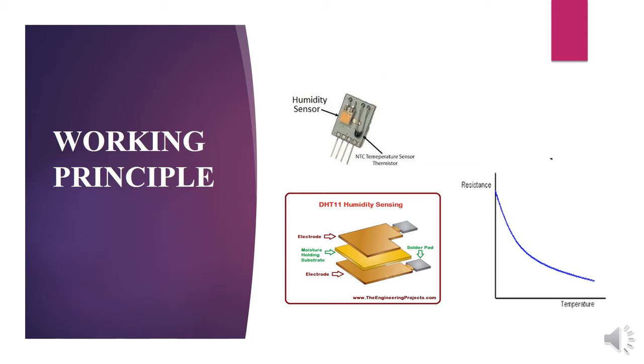Basically, a thermistor is a variable resistor that changes its resistance with change in temperature. These sensors are made up of semiconducting materials. They provide large changes in resistance with small changes in temperature, and the resistance decreases with increase in temperature. This is the working principle of the DHT11.